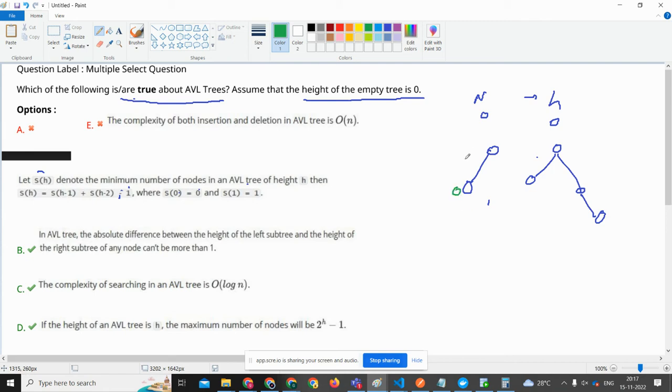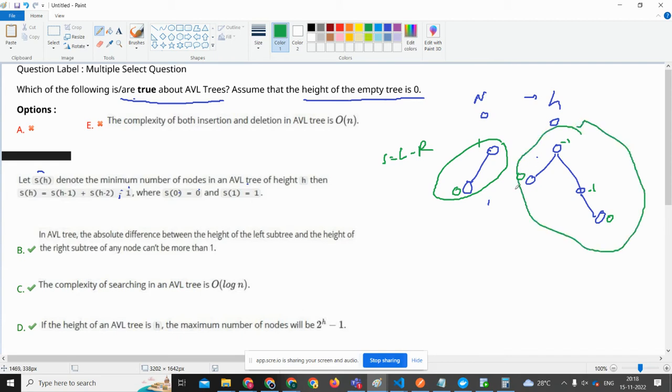Slope is left minus right. So you have 1 minus 0, which is going to be 1, and this is going to be -1, 0, -1, -1. Okay, so this is the AVL tree with 2 nodes, correct? And this is the minimum AVL tree with 4 nodes.